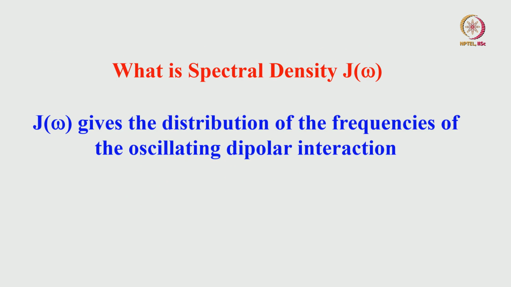Then what is the spectral density? You may ask me a question. Okay, we said spectral density function everywhere. What does spectral density mean? Of course, it is a distribution of the frequencies of the oscillating dipolar interaction. I told you about dipolar interaction, two spins, both of them oriented in the same orientation with respect to the magnetic field. That orientation won't change. But when they undergo a tumbling motion, the local field at the site of the other nuclear spin starts changing.